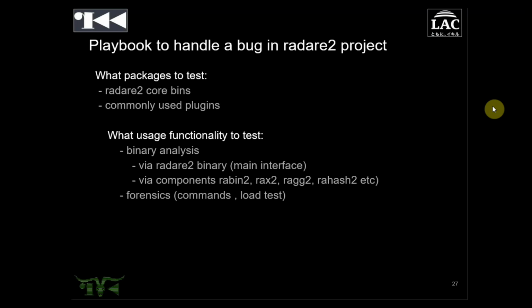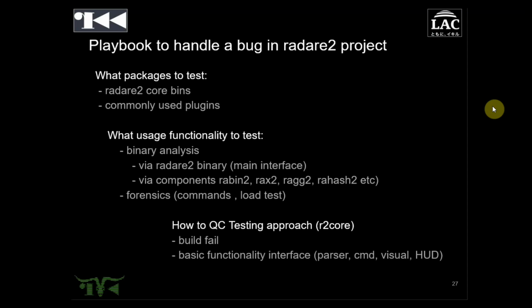So it has several commands and some loading tests to try to load the image, for example. And there is also a quality control testing approach for the core, like for example build failures, basic functionality of the interface like parser failure, command failure, visual or HUD bugs, and there are not so many, but a few of them sometimes came up.